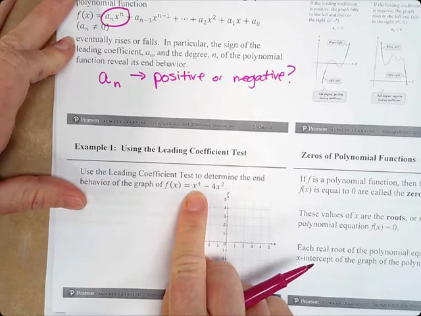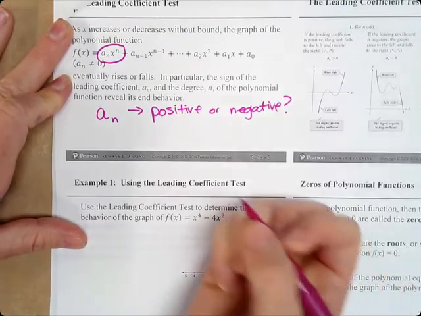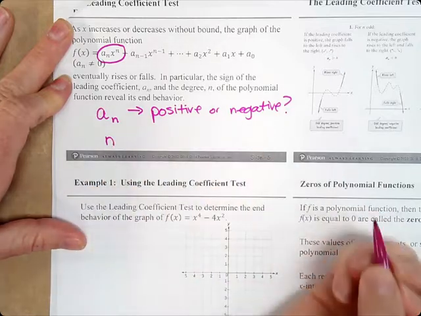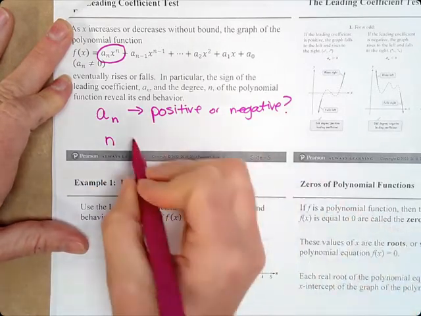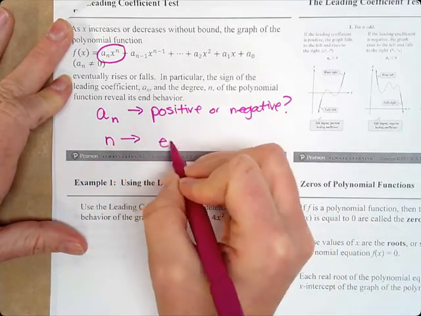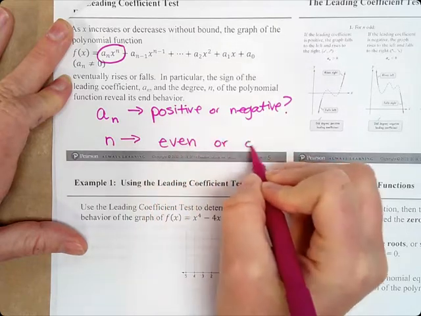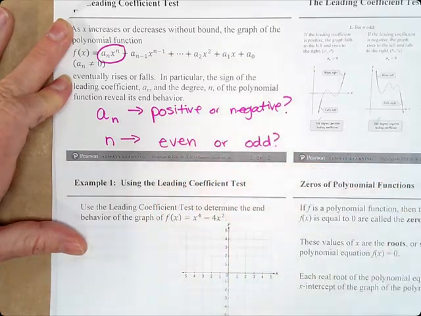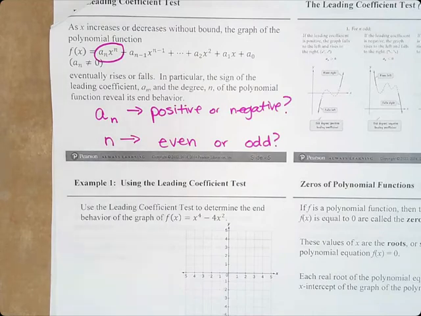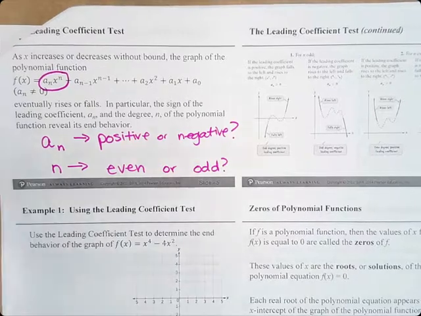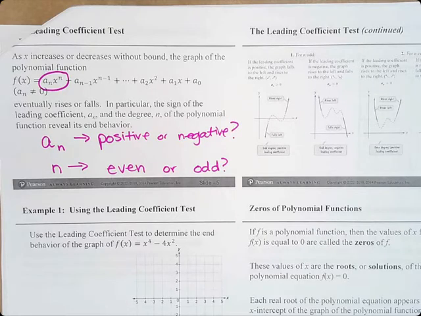The coefficient would be 1. Then we will look at n, which is your highest degree. We are going to look at, is it even or odd? And depending on how we answer those, that determines our end behavior. And n can't be negative, right? Right. n has to be positive and it can't be a fraction. No, it said it has to be an integer. Positive. So positive whole number.